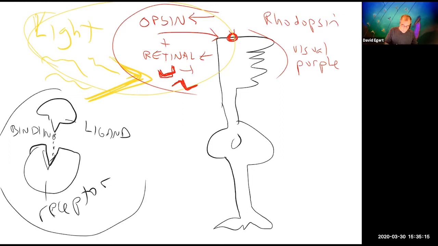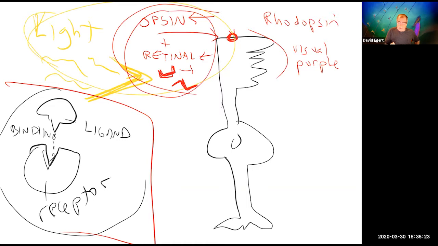That's what we've been thinking of. But instead, we've got this situation where the light transforming the retinol is going to activate the opsin, rather than a receptor getting activated by binding a ligand. But the next step is just going to be activating a G protein.